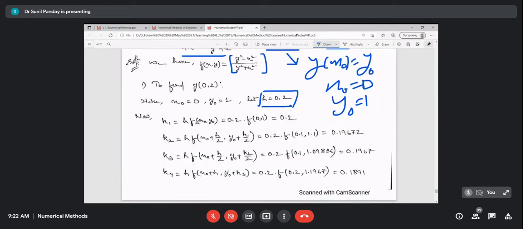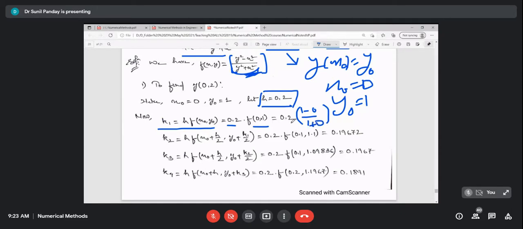So here, as per this method, k1 is h of f of (x naught, y naught). So h is 0.2, x naught is 0, y naught is 1, and the definition of f of x, y is here. So if we simplify this, we have 1 minus 0 upon 1 plus 0.